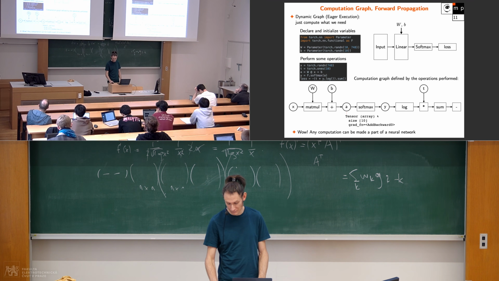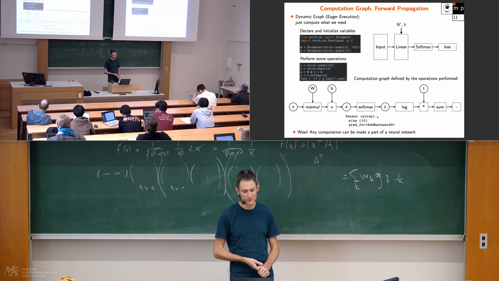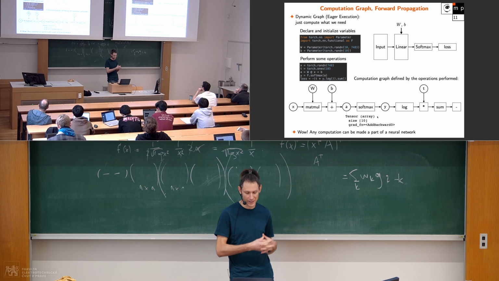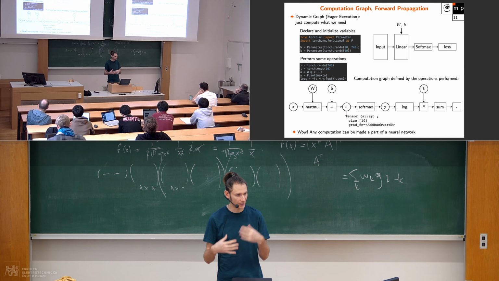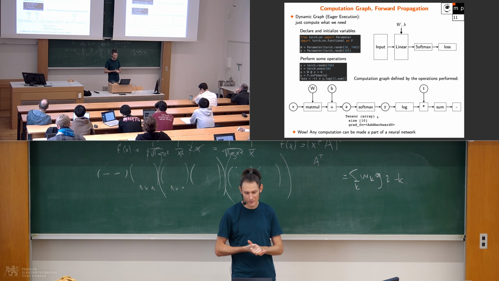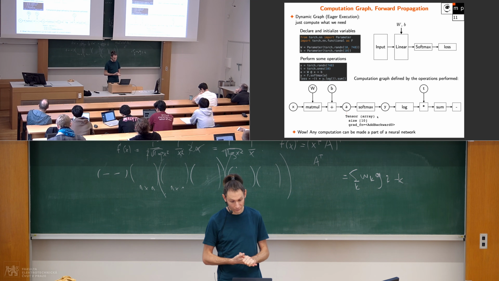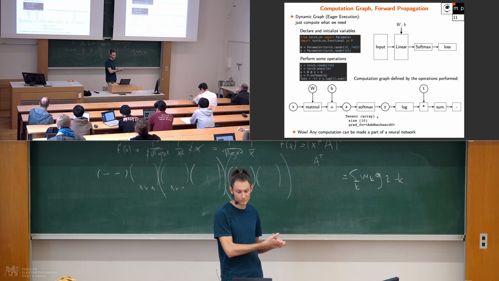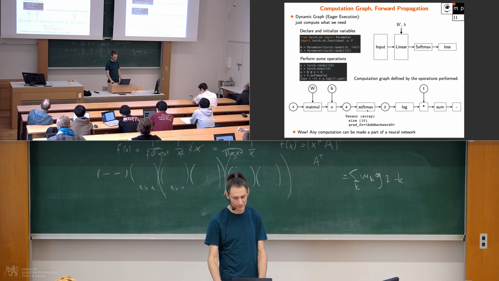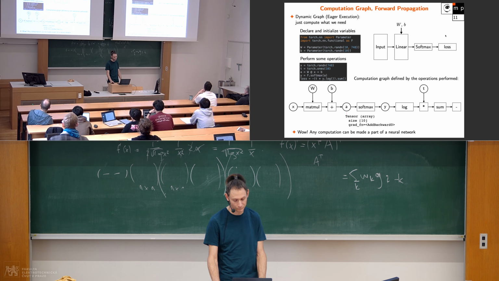Maybe the currently most convenient way to define this neural network and define which blocks we compose in which form is just by computing things. This is an example. Suppose we want to construct a neural network that has a linear layer, softmax and some loss function.